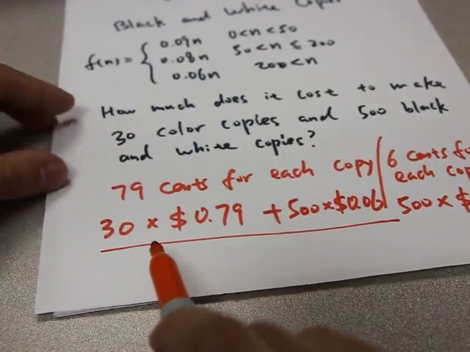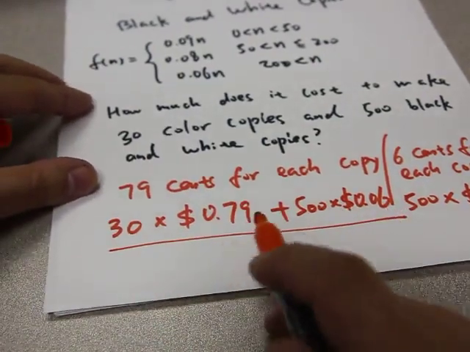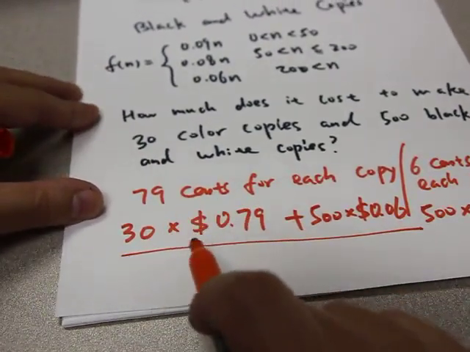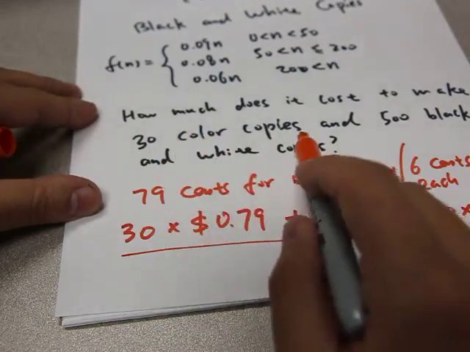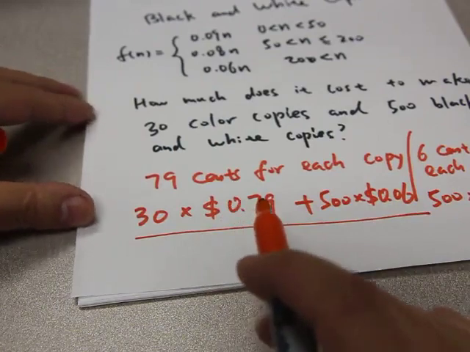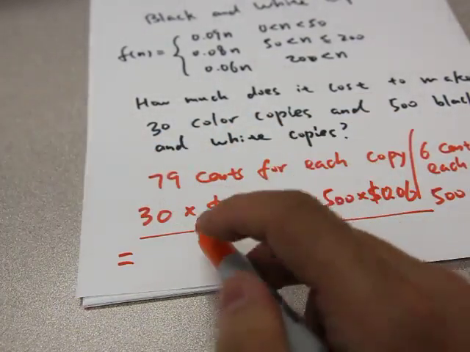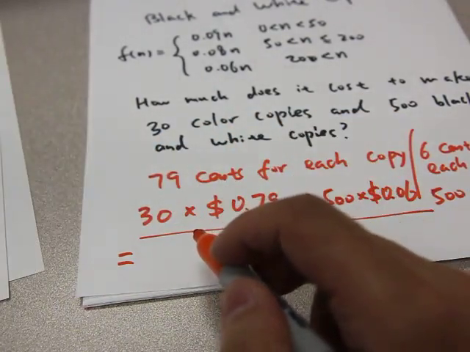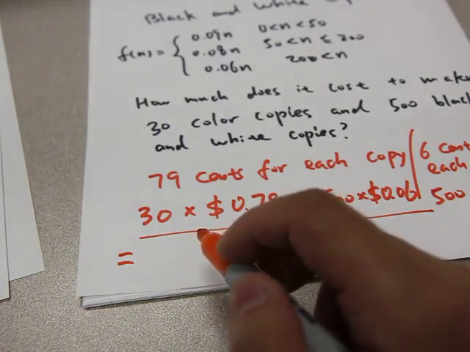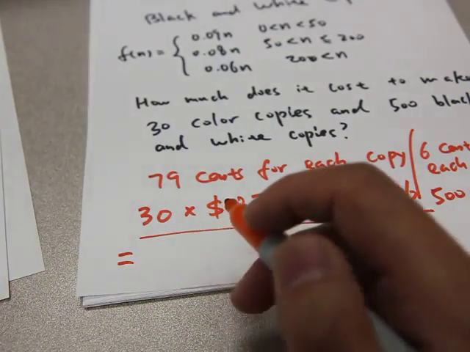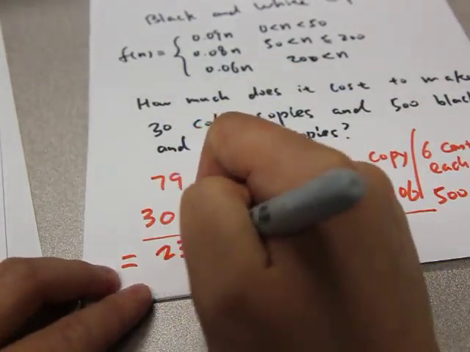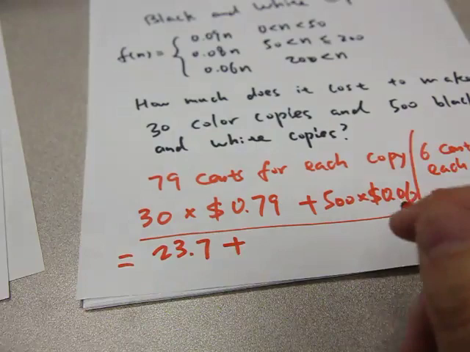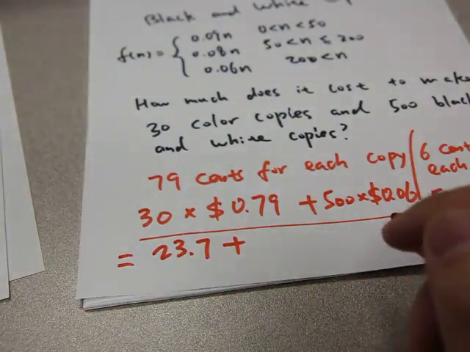So then we figure out what the total is. The total is going to be the amount of money you have to pay for these 30 color copies and the 500 black and white copies. Now 30 times 0.79 is 23.7, plus 500 times 0.06, which is 30.